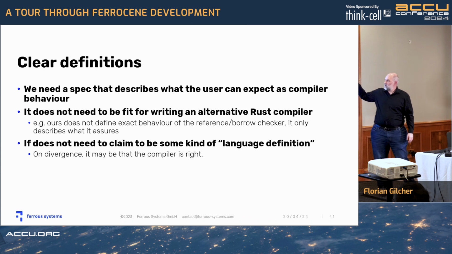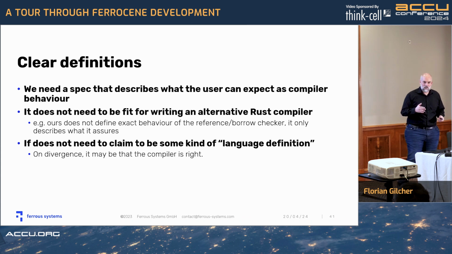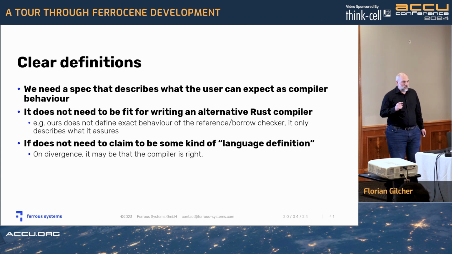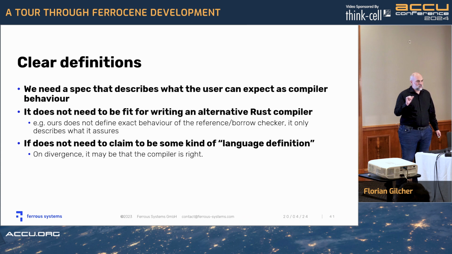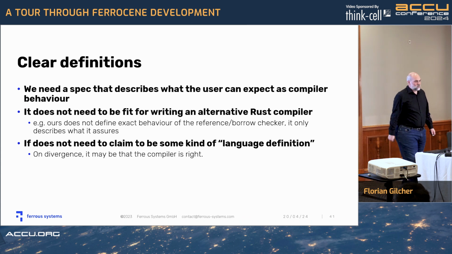And particularly here, Rust is pretty well known for its reference and for its reference validity checking. That is a compiler behavior. There's rules of how references behave. The language does not mandate how it's checked. That's a compiler detail. So that was actually a good thing that saved us a lot of work.